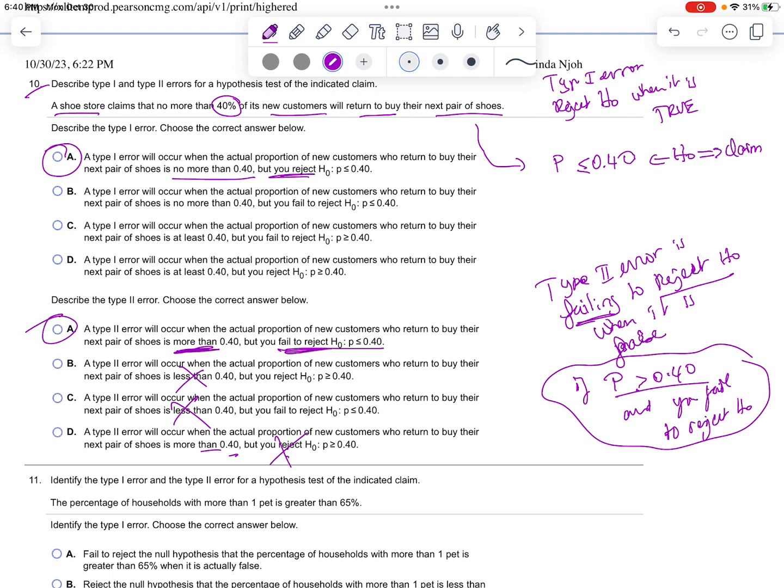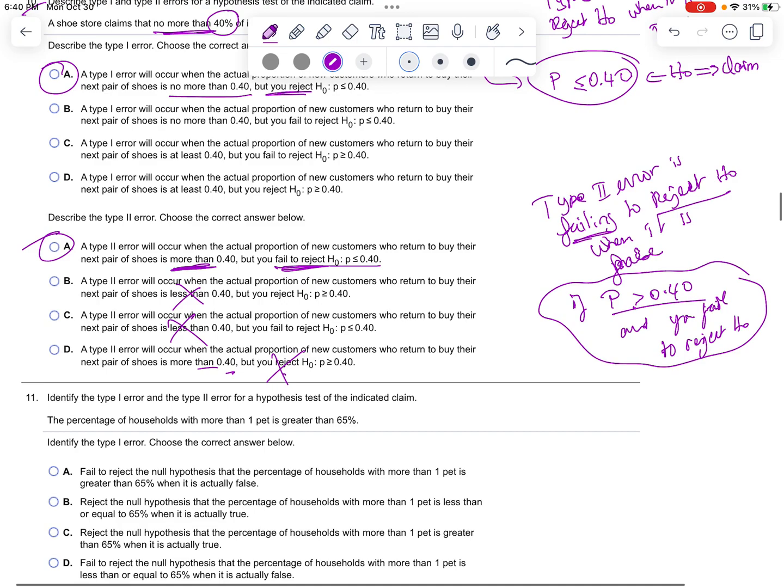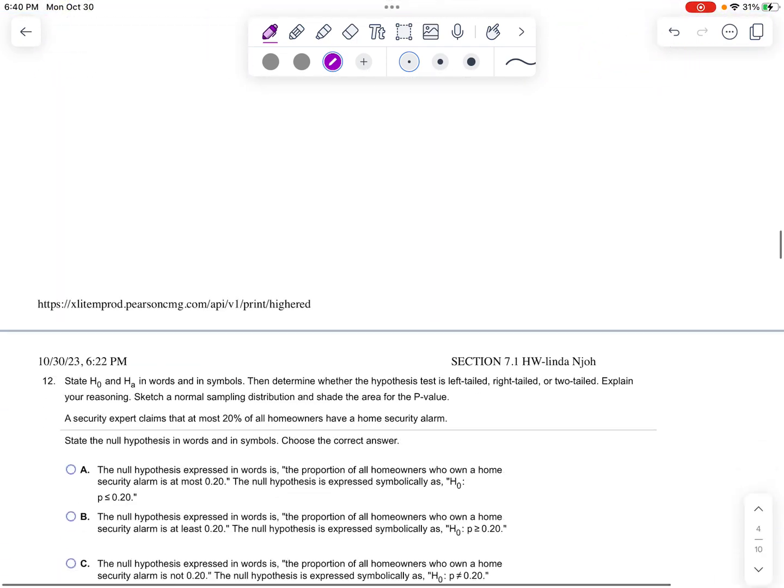And then you need to know, okay, this claim, no more than, is the null hypothesis. More than is the alternative. So you need to know how to write your null and your alternative. These are my keywords. So I did 10, you can do 11.